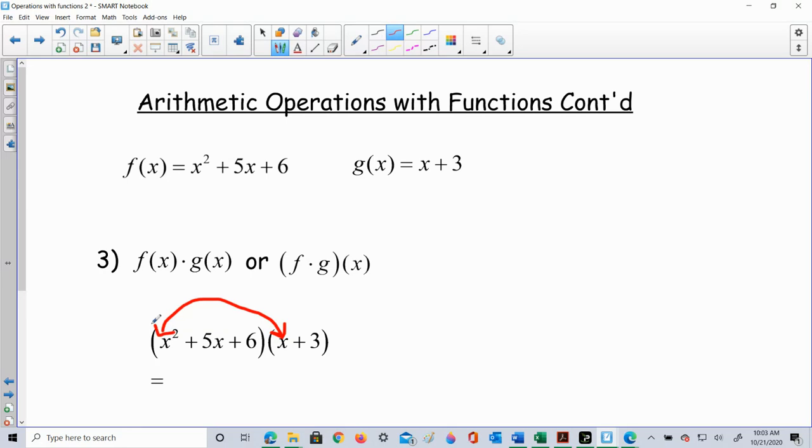Now, if you remember your rules for exponents, that means we add the exponents. X squared times x, that just means x times x times x. I've got 3 of them. That's x cubed. That's all that is. So x squared times x will give us x cubed.